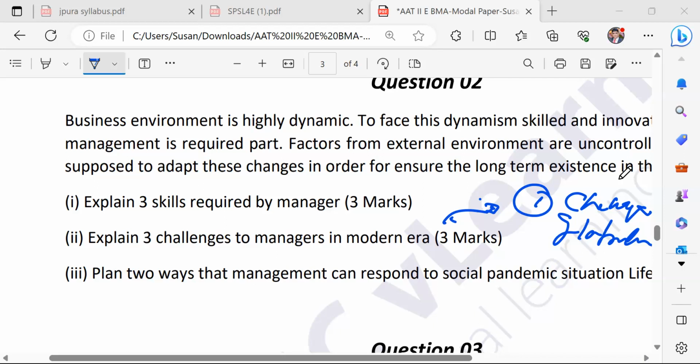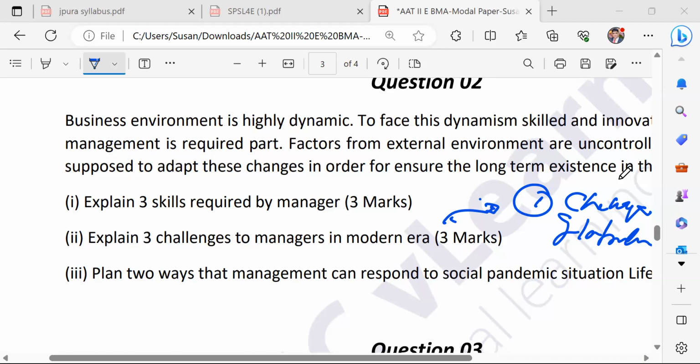And external forces like information technology, an area that is changing very quickly. Adapting to this change in technology is another challenge. And diversity of the society, diversity of the labor force.